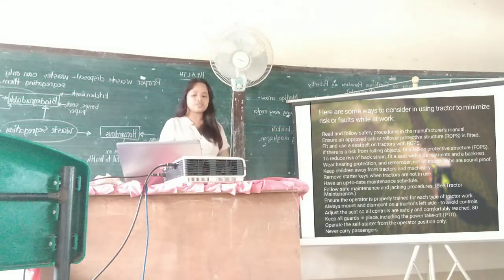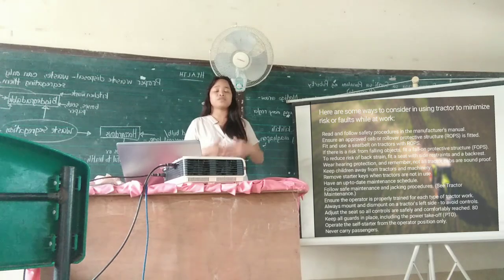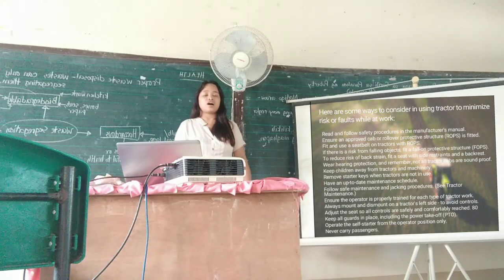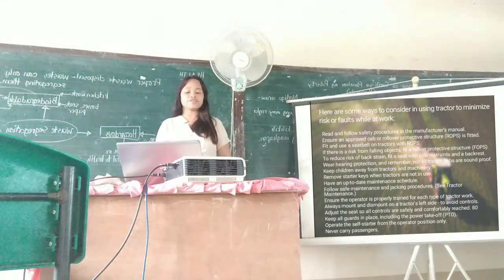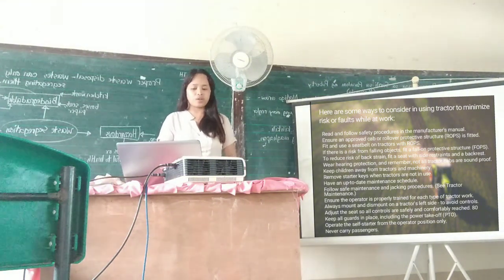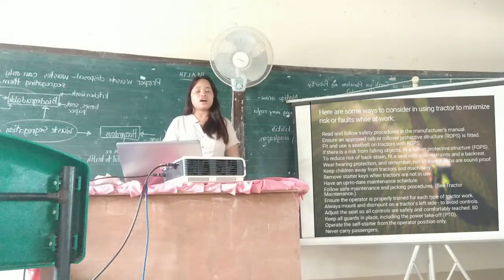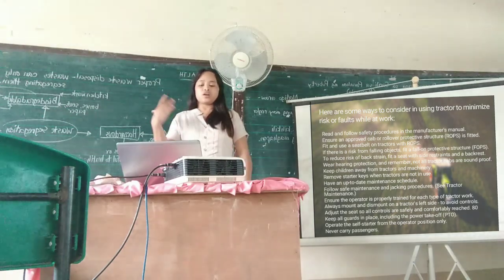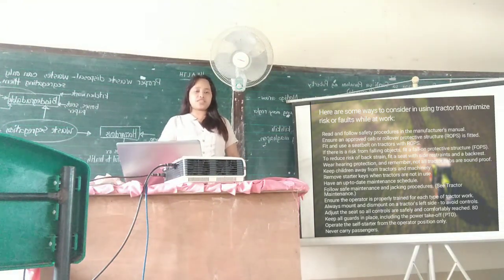So here are some ways to consider when using a tractor to minimize risk or faults while at work. First, read and follow safety guidelines and procedures in the manufacturer's manual. It's very important. Then ensure an approved cab or rollover protective structure is fitted.